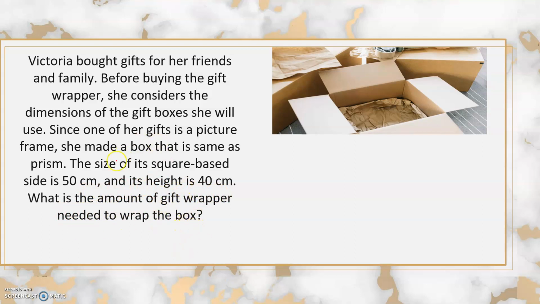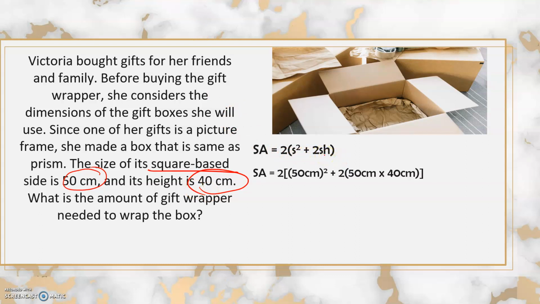So it's given that what we're dealing with here is a square prism since the base is square in shape. And this square base has a dimension of 50 centimeters by 50 centimeters. Then the height of the prism is 40 centimeters. Therefore, we will use the formula 2 times the sum of s squared plus 2 times side times height. Substituting the given information, we'll have this equation here.